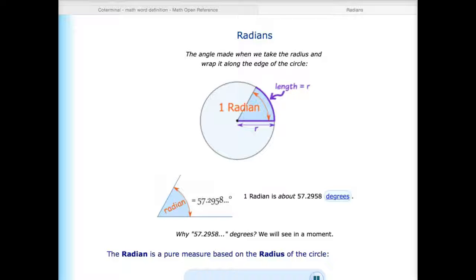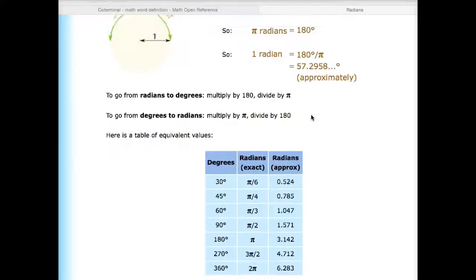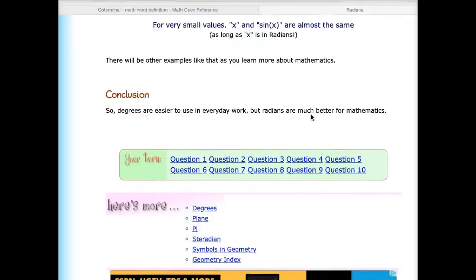Yay. Degrees, happy. Alright, the next concept that I'm going to talk to you about is something we call radians, which is just another angle measure. So this shows you here, if we have a radius r, this angle right here is considered to be 1 radian. Pretty much it's just the same length as the radius. We know that a full circle is 2 pi radians.